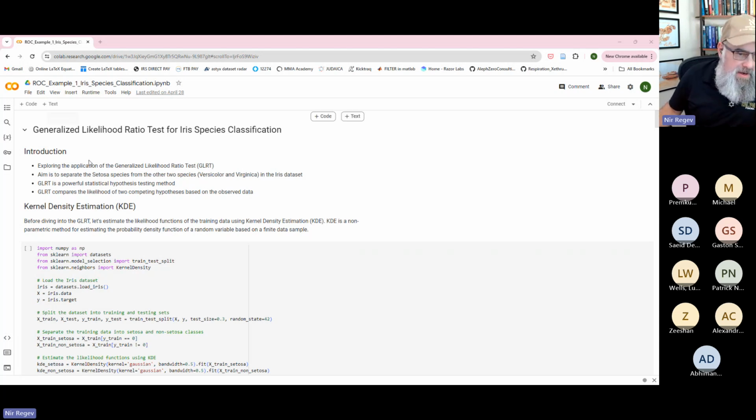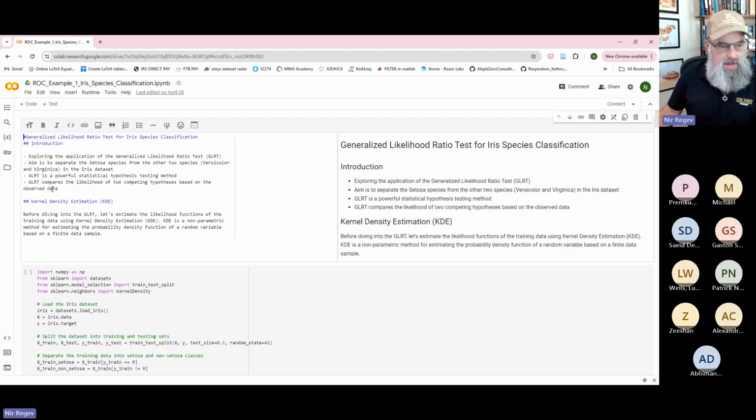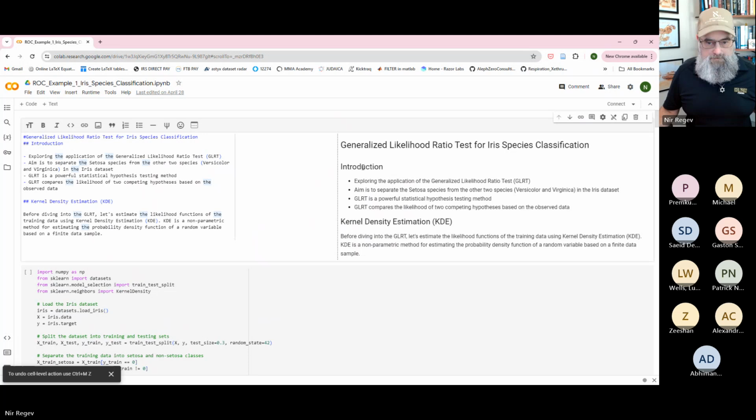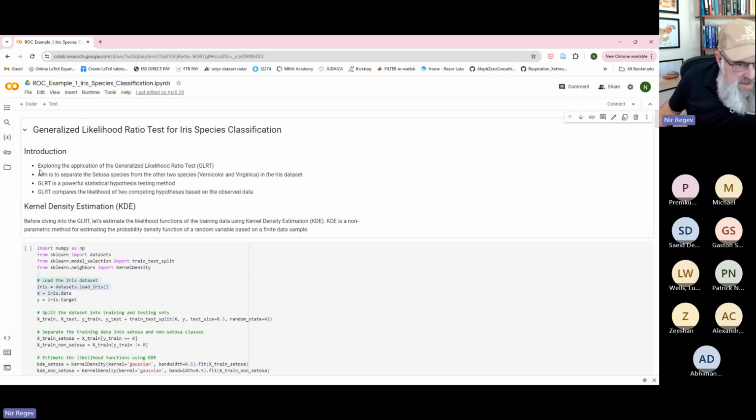Specifically, we will start by trying to separate the Setosa species.